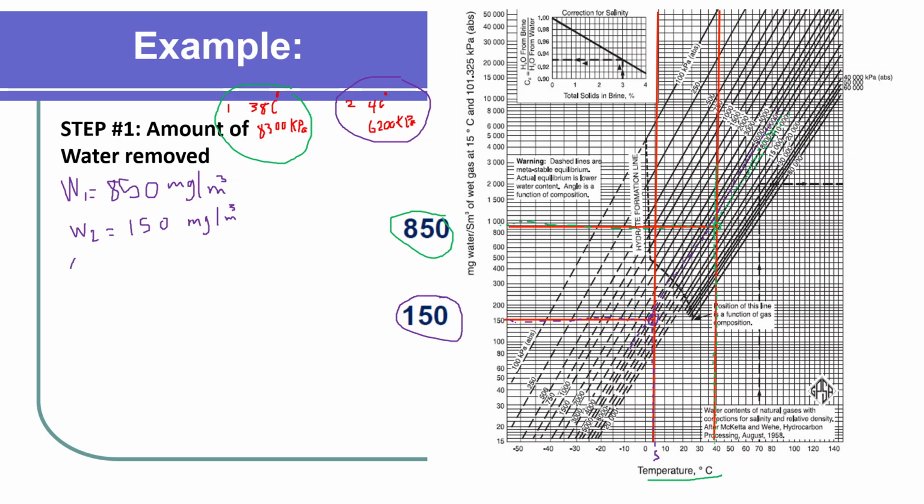Therefore, the delta W, or the amount of water that will be removed, will be 850 minus 150, which is equal to 700 milligram of water per meter cube.